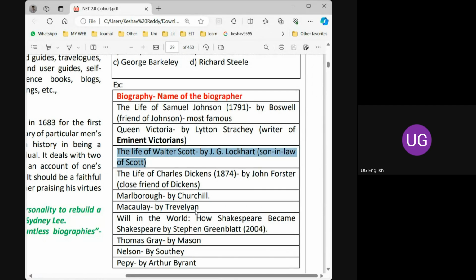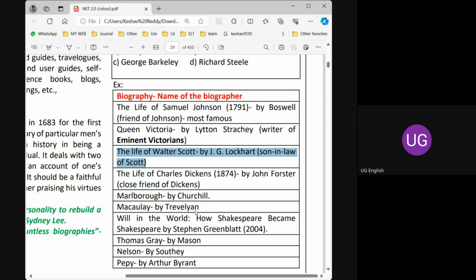His famous novel is... not getting any answers from the chat box. You can use the chat box. It's free. Don't worry. No one is using the chat box. Walter Scott is the author of which famous historical novel? Yeah, again Ravinder sir.